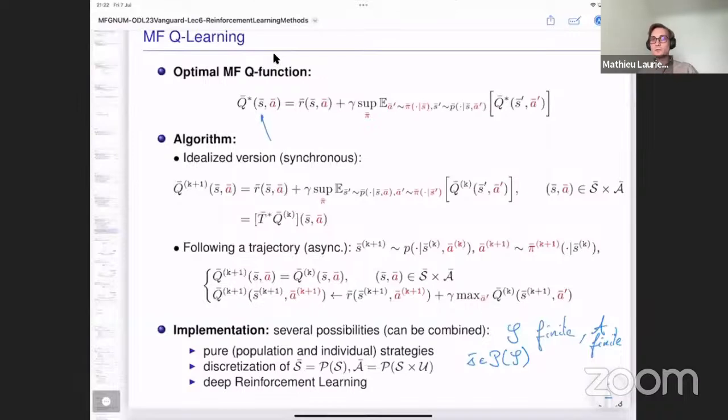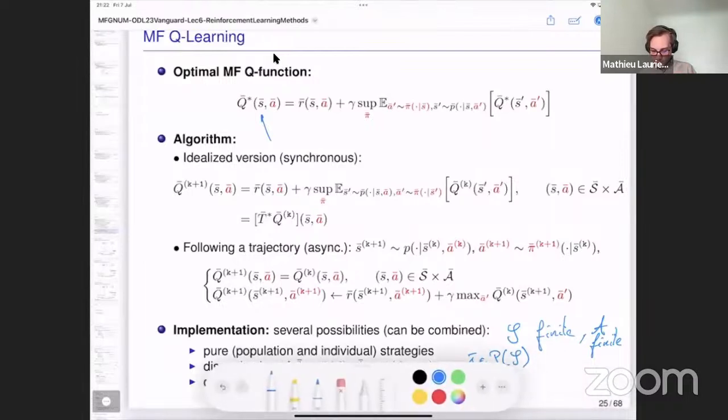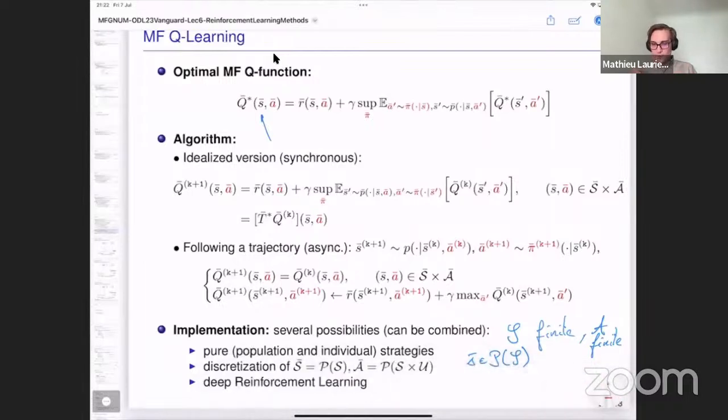One way would be to say, I have a function defined on a finite dimensional space, and I will approximate it using a neural network. This will be the deep reinforcement learning version. The simplest way is to say that I want an input which takes a finite number of values. So I replace this by an epsilon net, which is going to be a discretization of the simplex.